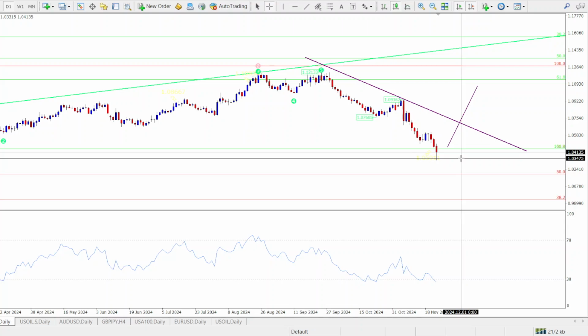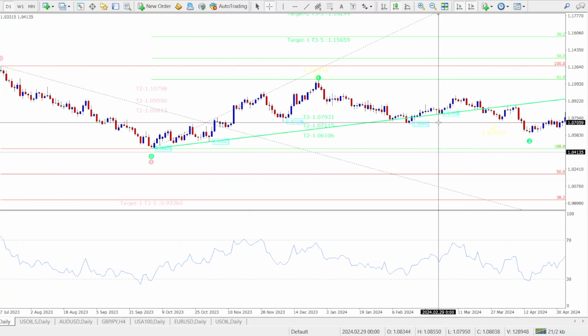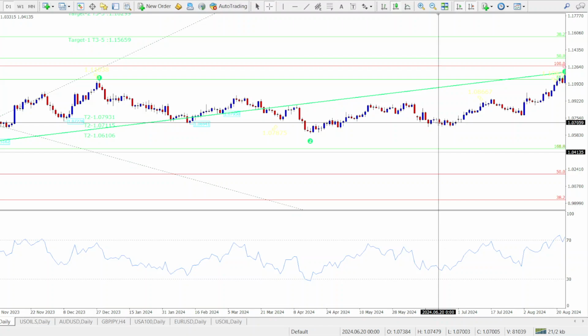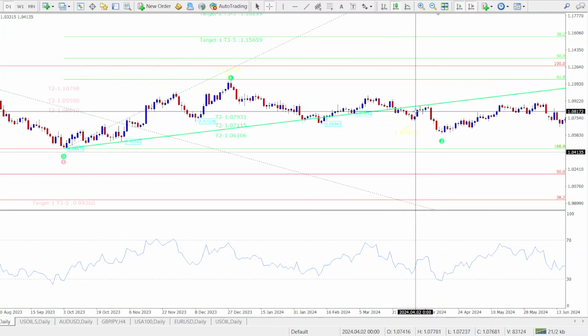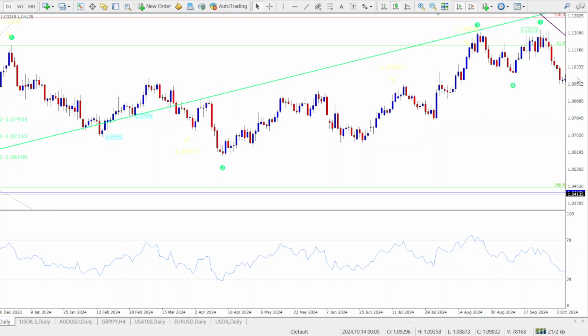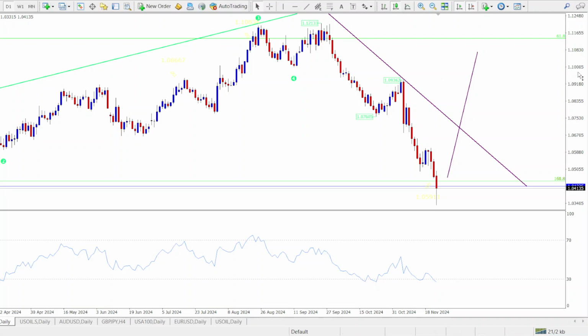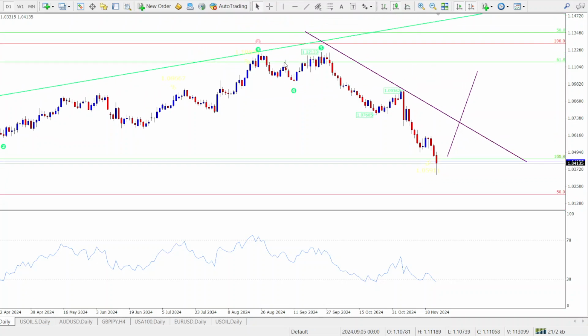Let us see if we can find any historical examples that we can reference. Based on Elliott wave theory, we can see that the indicator identified these waves.